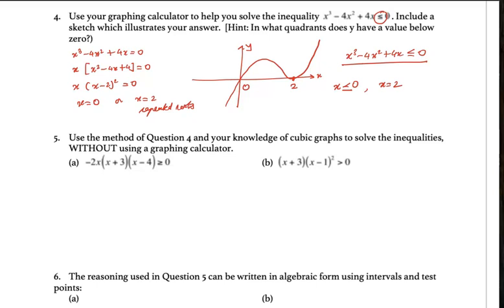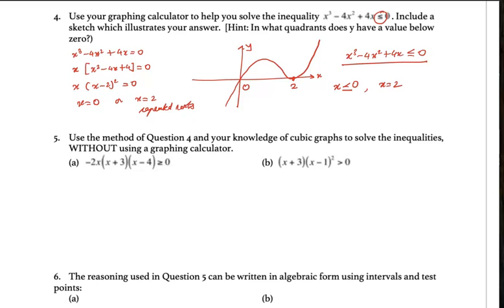We're looking for solutions, so you need to put in values that, when you substitute in the inequality, give either less than 0 or equal to 0. When I put in x equal to 2, it gives me 0. Less than 0 would be negative.